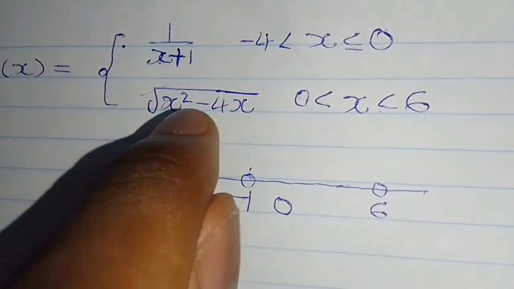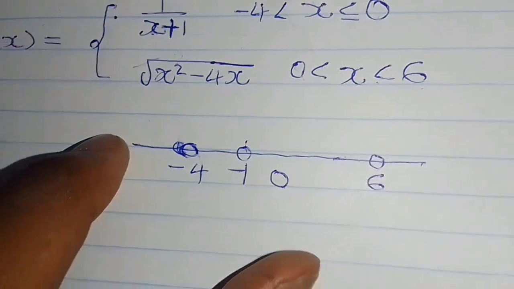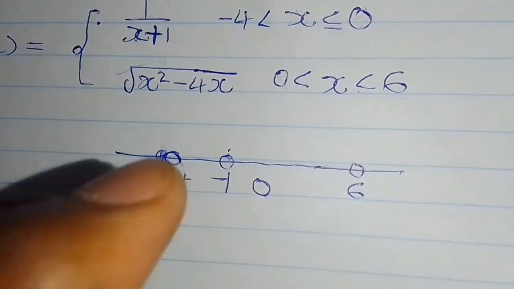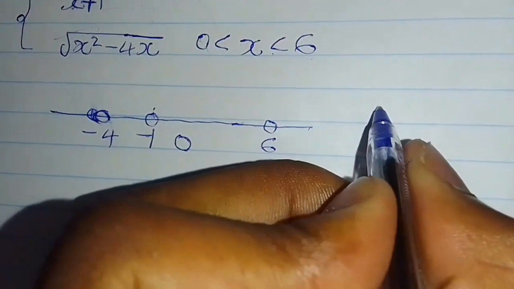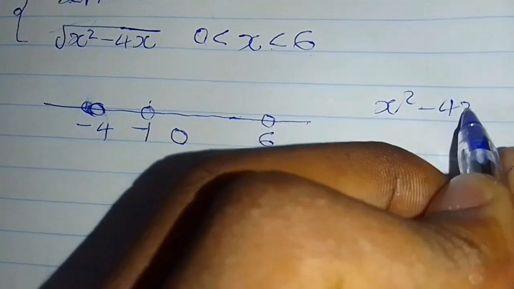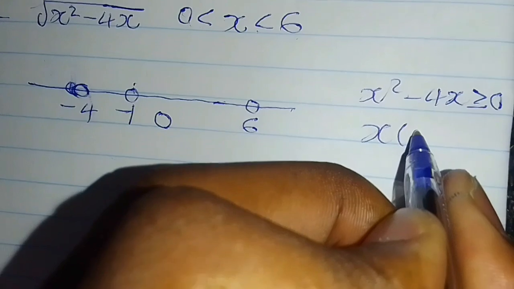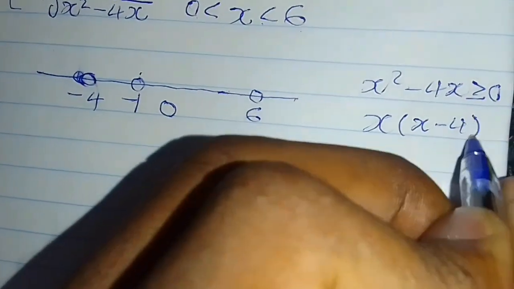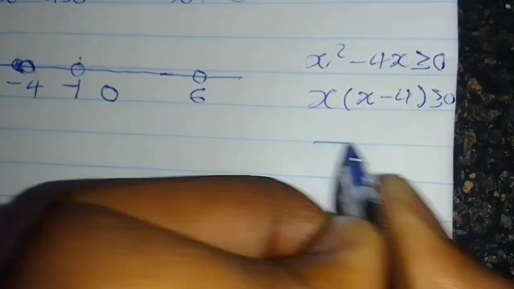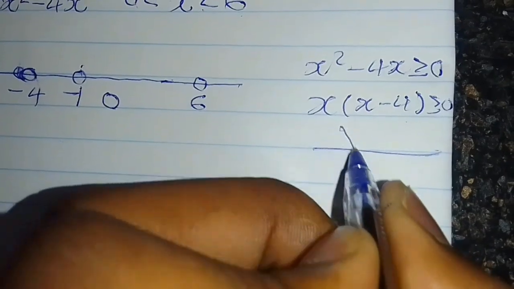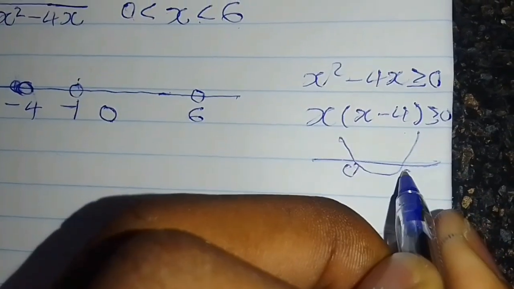We have a function inside the square root here. What do we know? Inside the square root we're not supposed to get a negative answer. This implies that x squared minus 4x will have to be equal to or greater than 0. If you solve for x here, you have a parabola sloping upwards, with 0 and 4 as intercepts.